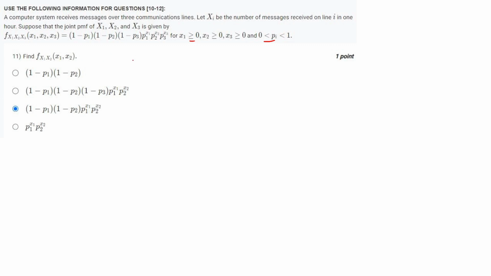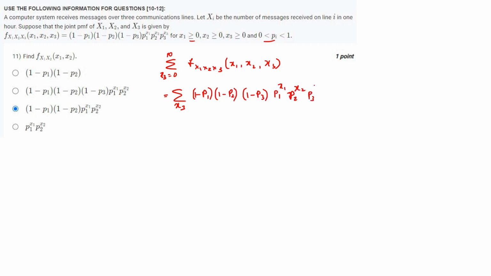So this is nothing but sigma x3 equal to 0 to infinity of f of x1, x2, x3, and now that is nothing but sigma over x3 of (1 minus p1) into (1 minus p2) into (1 minus p3) into p1 to the power of x1 into p2 to the power of x2 into p3 to the power of x3.